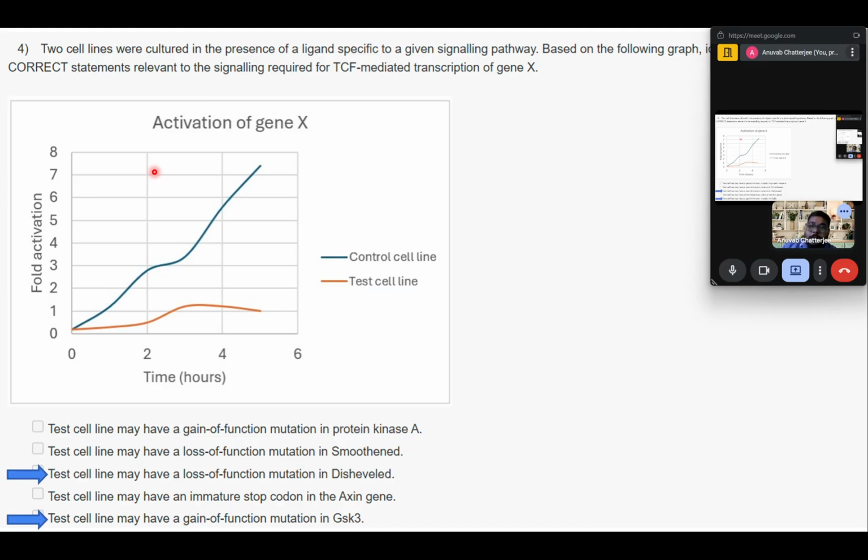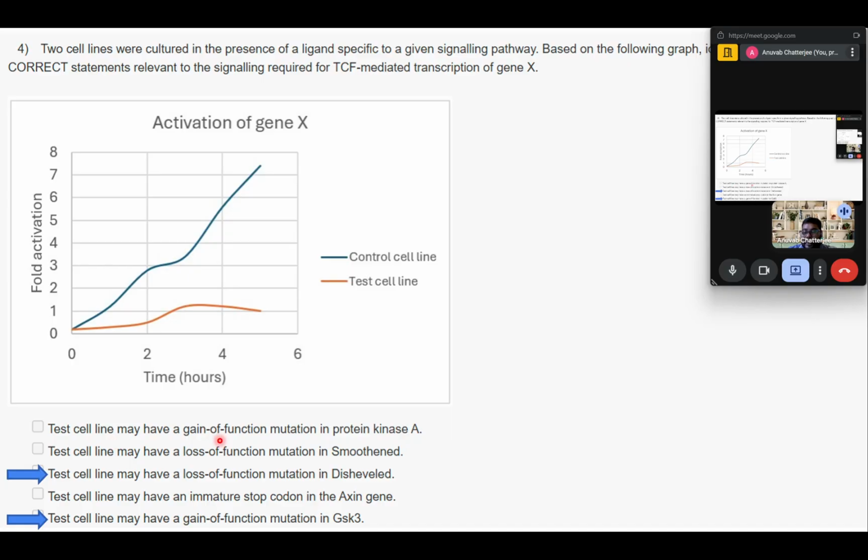So what do we know? We know that TCF mediated gene transcription of gene X is inhibited in the test cell line. So we are looking at anything that will cause a loss of function of the entire pathway or inhibition of the pathway.